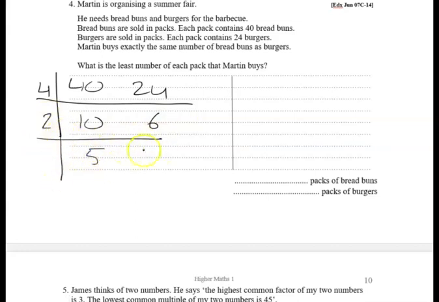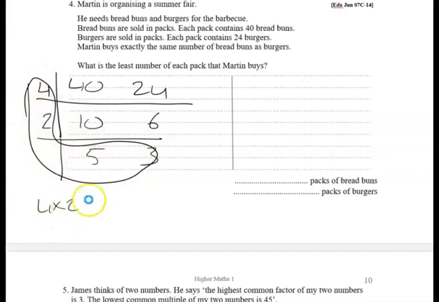We're going to get 5 and 3. Now to work out the LCM, you multiply in an L shape. So we're going to do 4 times 2 times 5 times 3, which is going to give us 120.